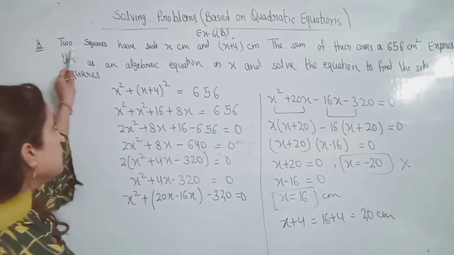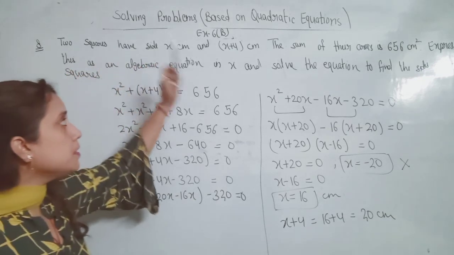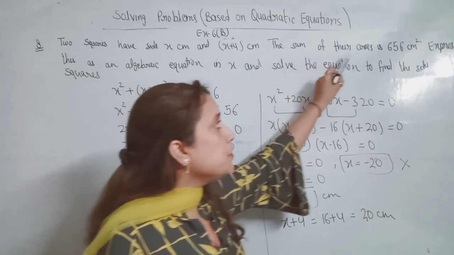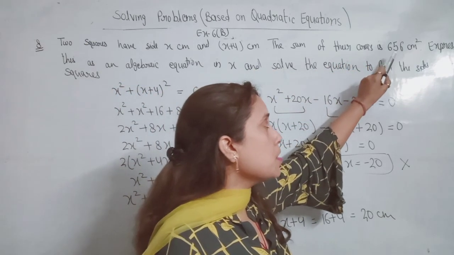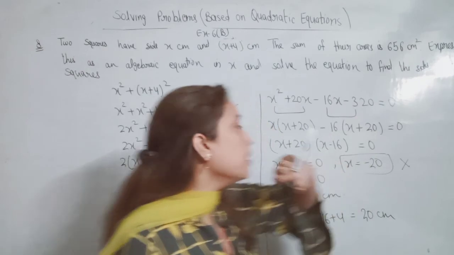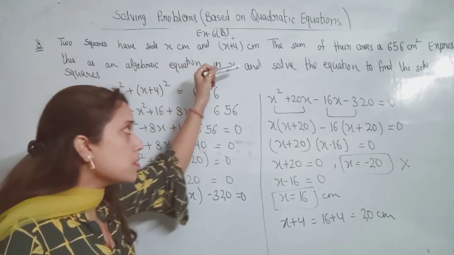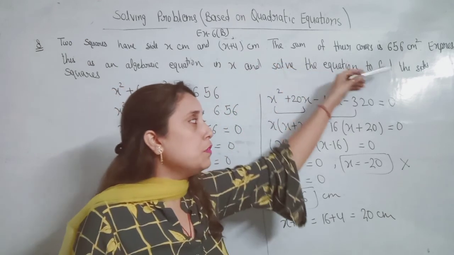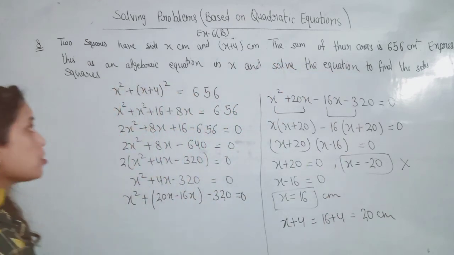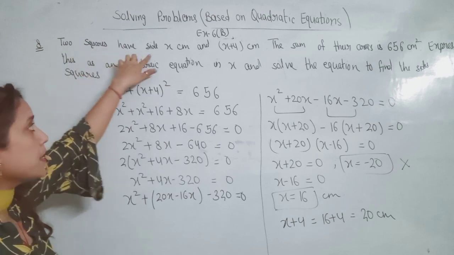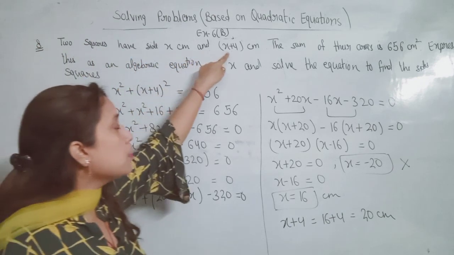The question is: two squares have sides x centimeter and x plus 4 centimeter. The sum of their areas is 656 centimeter square. Express this as an algebraic equation in x and solve the equation to find the sides of the squares. So what is given? Two squares have sides x centimeter and x plus 4 centimeter.